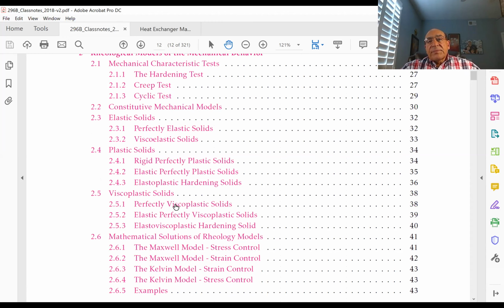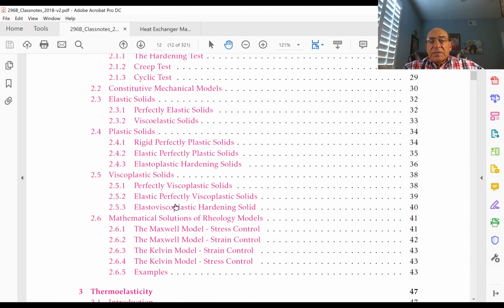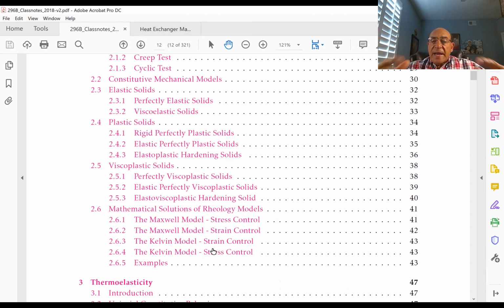And not only that, but the behavior is going to be represented mathematically by simple models. The simple models, we have a Maxwell model, and we have a Kelvin model, and those can describe the simple behavior of an extension, for example, a uniaxial test, or they can be assembled in series or parallel, where these are mechanical elements similar to what we studied in physics: mass, spring, dashpot, friction.